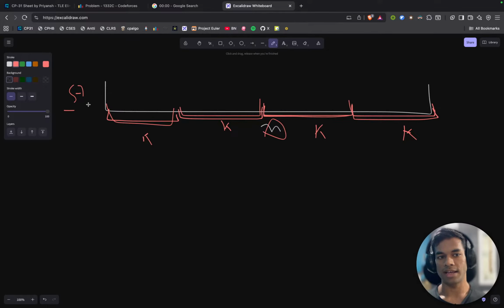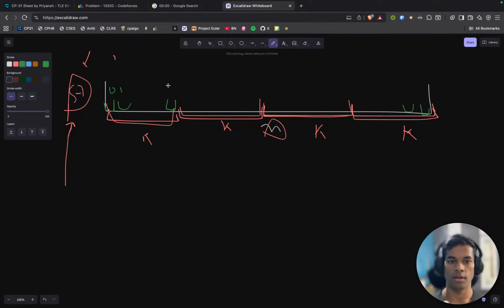And I think the main thing that was important was that if I want this whole string s to be a palindrome, I want the first character to be equal to the last character, and the second character to be equal to the second last character, and same till the k minus 1th character. If this is the 0th character, then 1, then the last character in the first chunk of size k is going to be k minus 1.